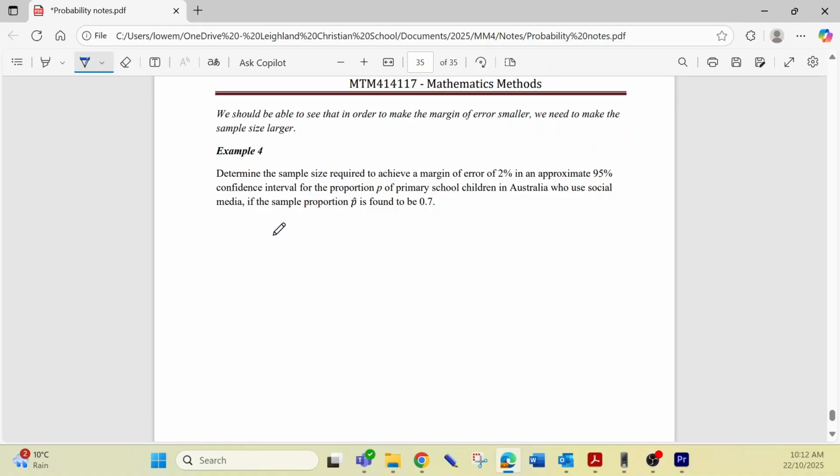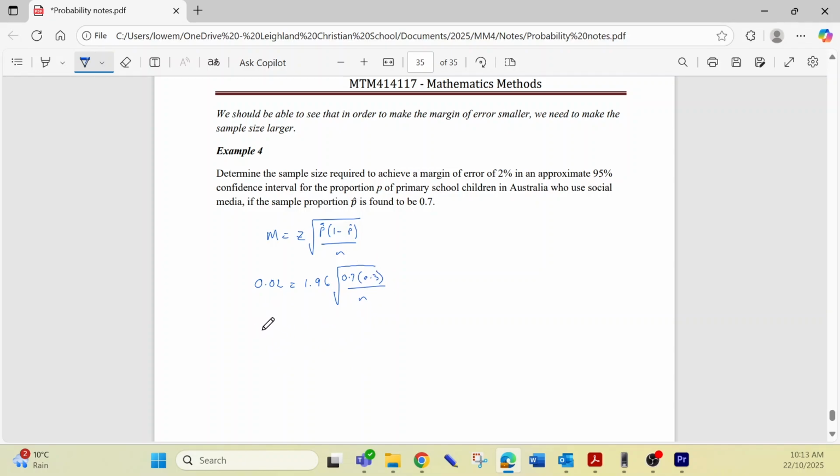Our margin of error is z times the standard deviation, which is the square root of p hat times 1 minus p hat divided by n. We want our margin of error to be 0.02, with a 95% confidence interval, so z is 1.96. The sample proportion is 0.7, and we want to solve for n.